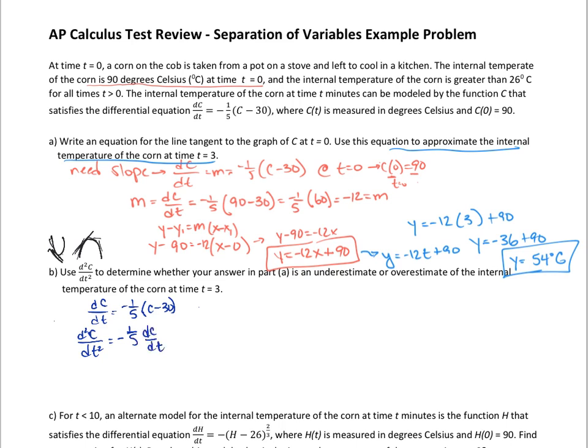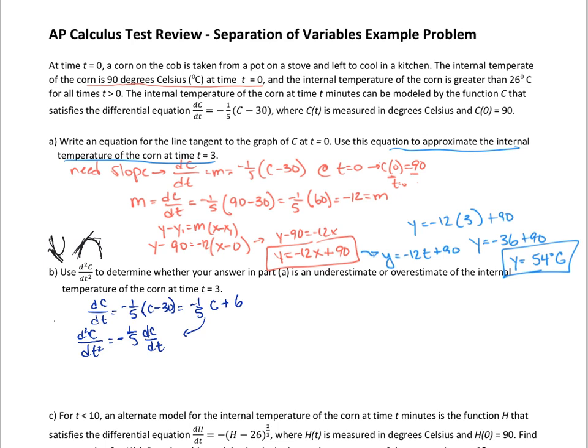If you're wondering how I got that, take a look. This is negative 1/5 C, and this will be plus 6. If I take the derivative here, I'll just get negative 1/5 dC dt plus 0.